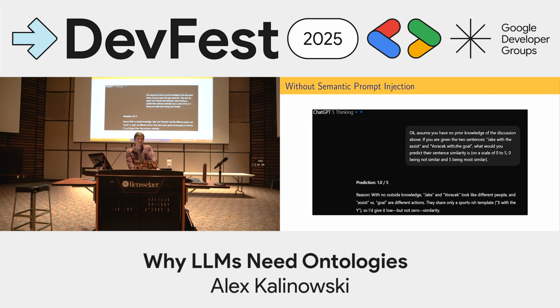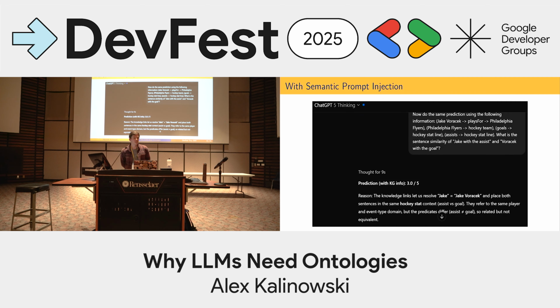So if I ask ChatGPT, given the two sentences, Jake with the assist and Voracek with the goal, on a scale of 0 to 5, how similar are they? Its prediction was 1. What was your prediction? 1? 3? 3 is good if you had that domain knowledge, which if we give that to the LLM, we provide a set of knowledge graph triples.